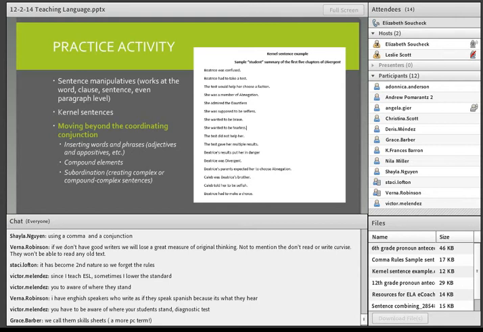Something else that you could do is make sentence manipulatives. There was a picture on one of the quiz slides that I had earlier where there were little beads that had words on them. That's kind of the idea with the sentence manipulatives, so I wouldn't necessarily recommend writing words on beads.